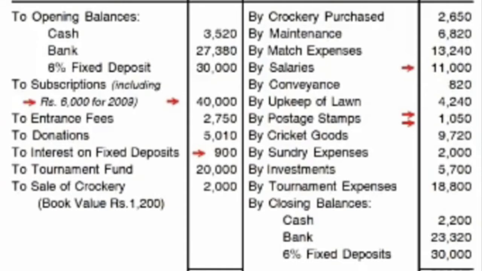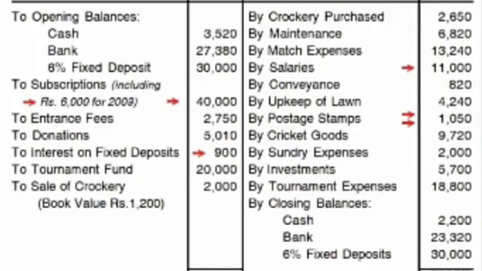If any expenses are related with a specific fund, that expense we should adjust from the fund itself. Here 20,000 is specifically for tournament fund. So if any expenses are related with the tournament, that expense we should adjust from this fund.